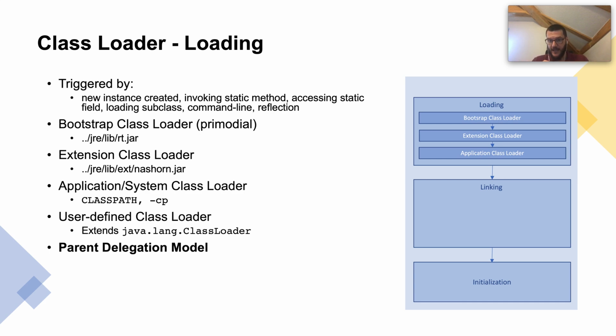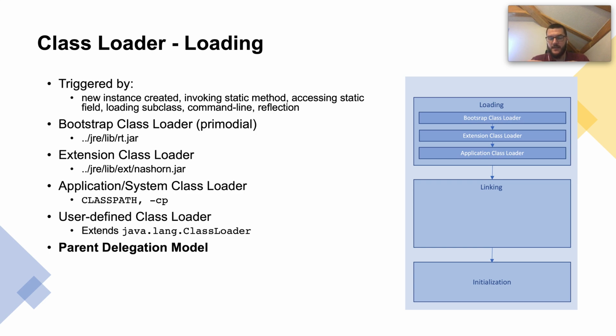If it doesn't find the class needed, it will pass the search on to its child, which is in this case the extension class loader. If this one doesn't find it, it forwards the search all the way to the class loader where the initial request came from. For example, we have a request coming to the application class loader for some class. The application class loader will immediately delegate the search to extension, and the extension will delegate it to the bootstrap class loader.